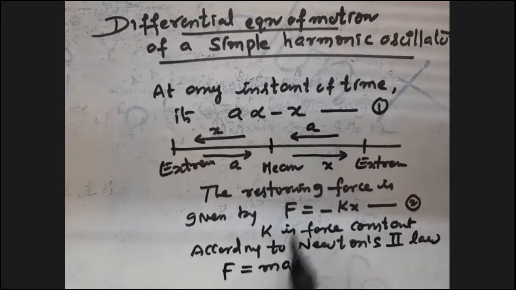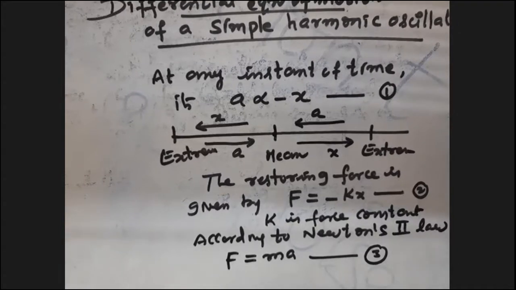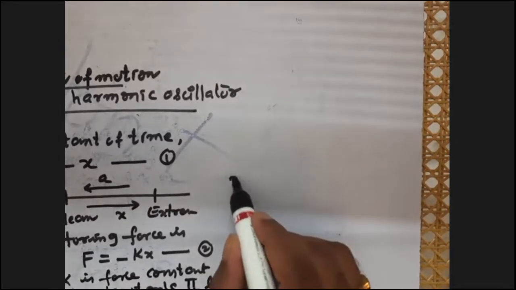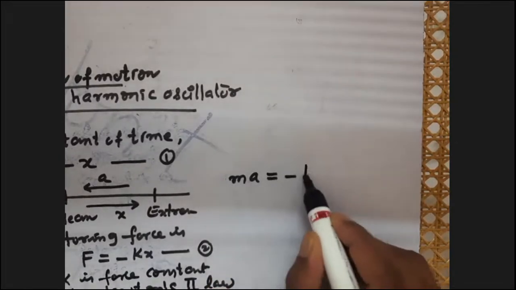So according to the second law, we write F is equal to ma, equation 3. So from equations 2 and 3, we will write ma is equal to minus kx.